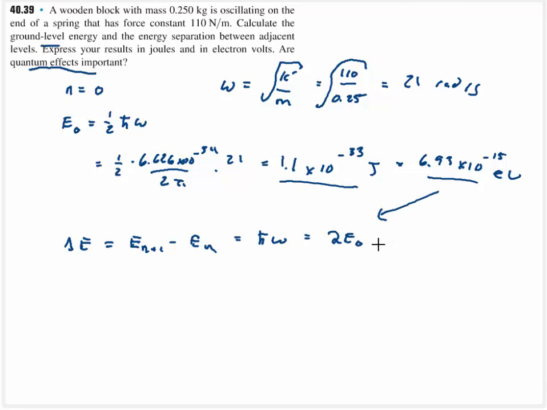And so we're going to be talking about energies that are 2.22 times 10 to the minus 33 joules, or 1.39 times 10 to the minus 14 electron volts. So really, really small energy separations. Quantum effects are not important for your standard oscillating masses on springs.